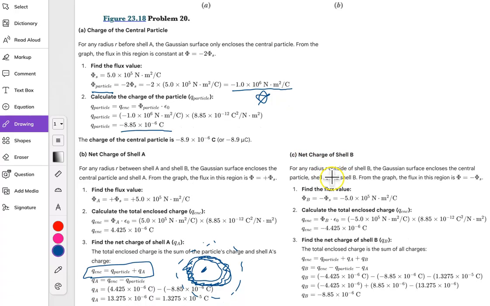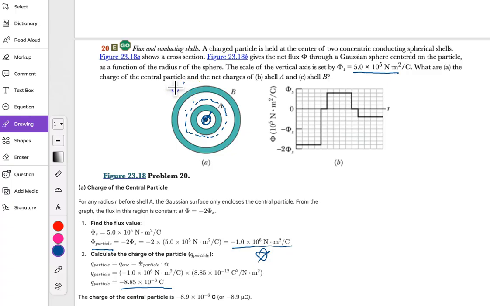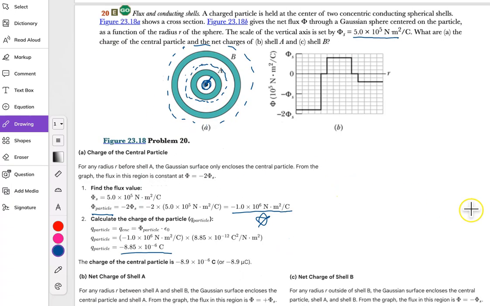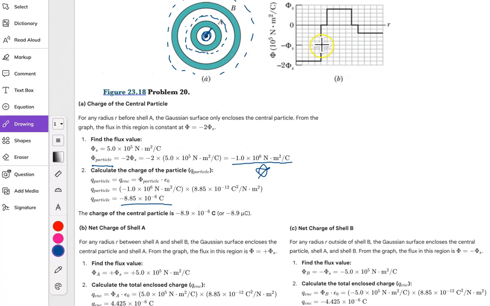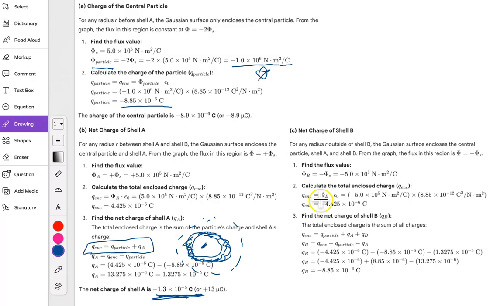Finally, for any radius outside of shell B, the Gaussian surface that we're going to draw here, so here's our Gaussian surface, it now encloses everything. And because it encloses everything, we can find the flux value by saying, well, it's equal to negative phi s. And so negative phi s would be right here. We're going to take the Q enclosed times the flux of B times the epsilon naught. We know flux of B, we said, is just equal to this guy.